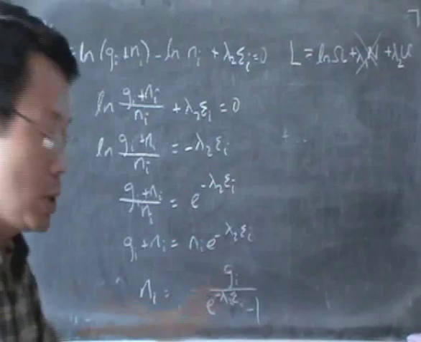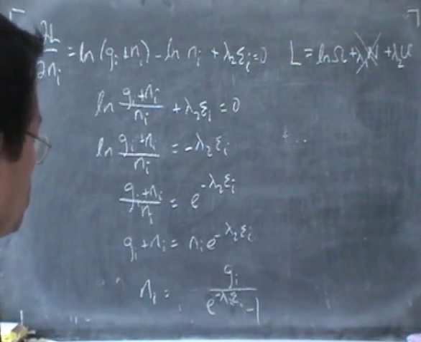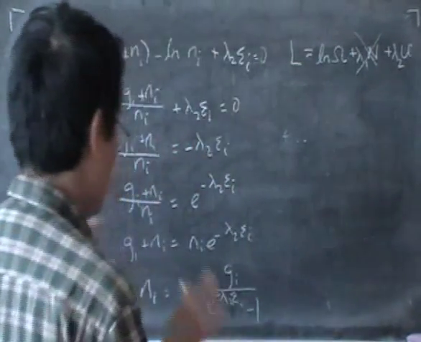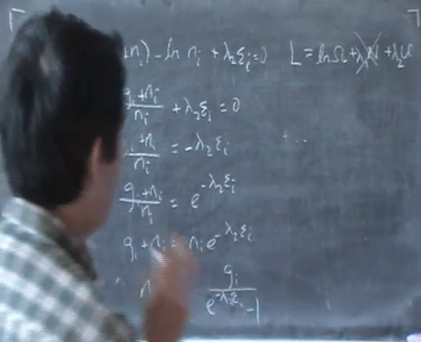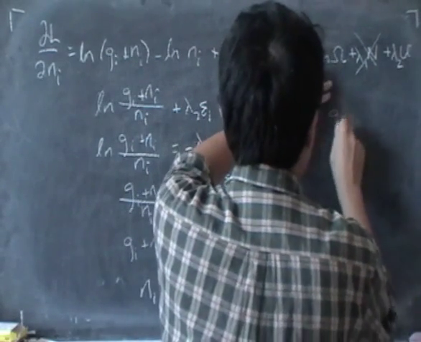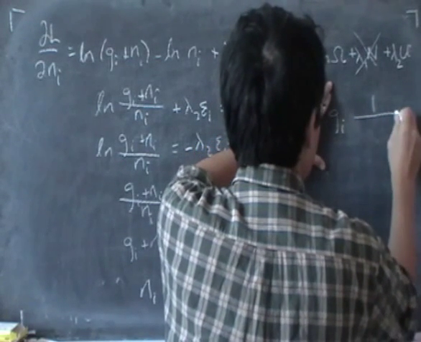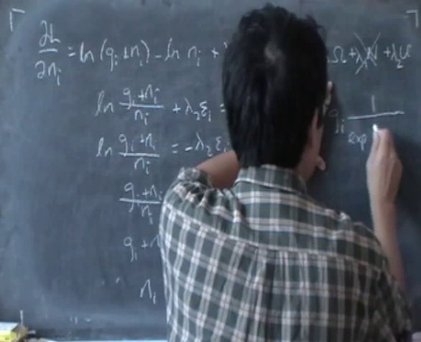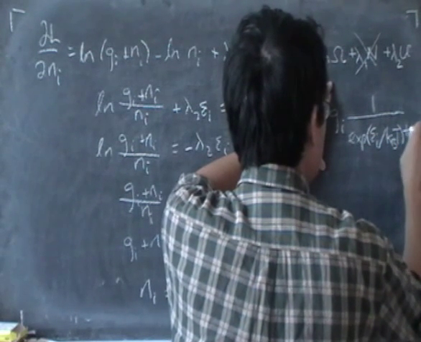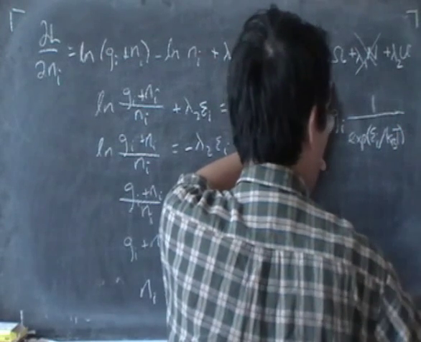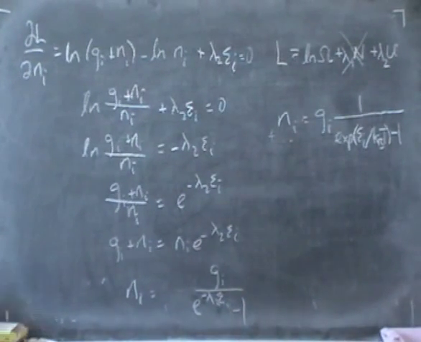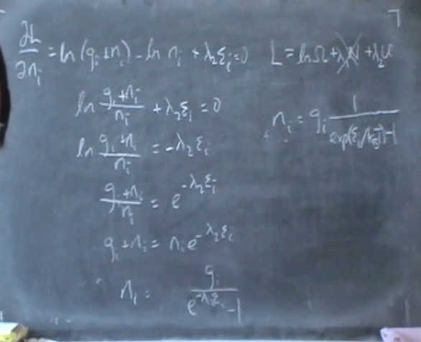And we already know what lambda 2 is from the previous two distributions. So we can write this now as, I'm going to just write this out as Ni is equal to Gi times 1 over exp of ei over kBT minus 1. Right, that's what it looks like. You can see that, right?